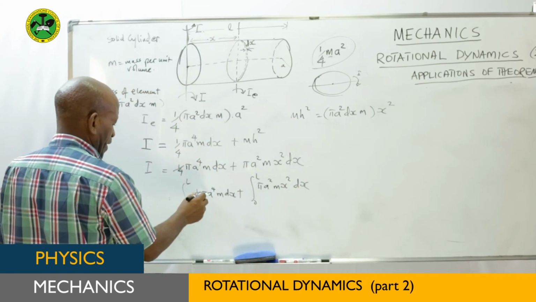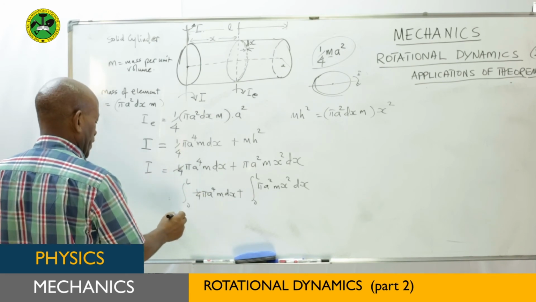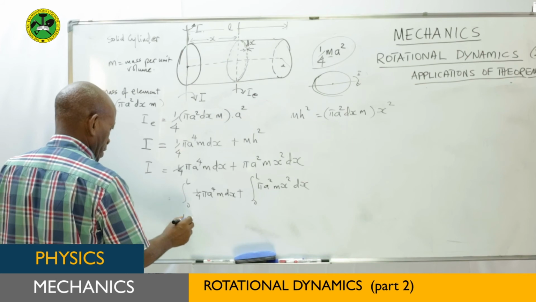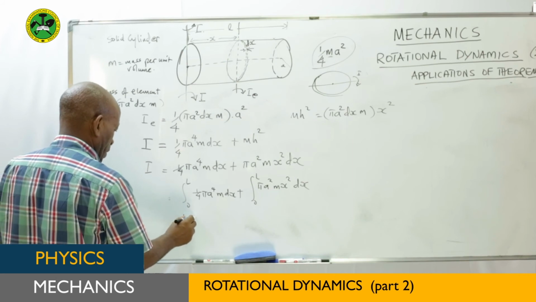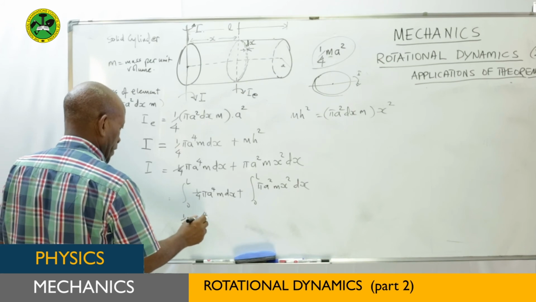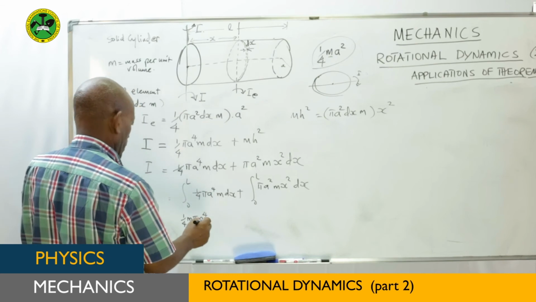The pi, a and m are constants, so we can take 1 over 4 m pi a power 4 outside.